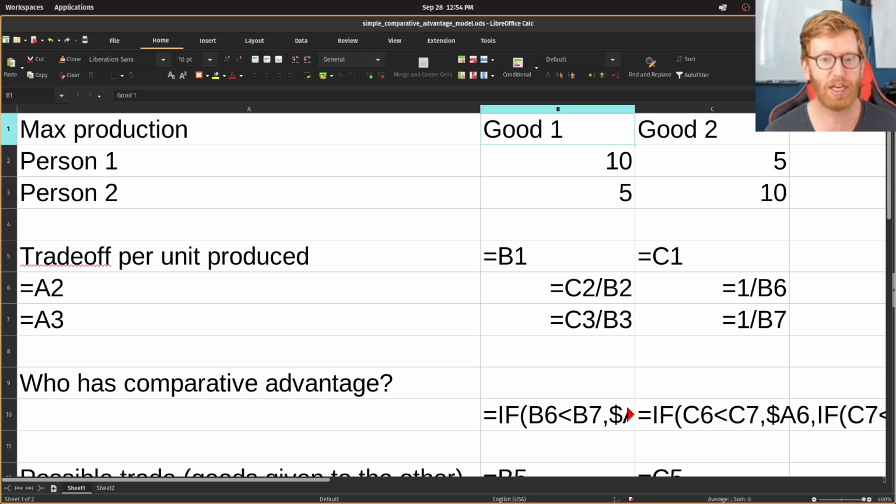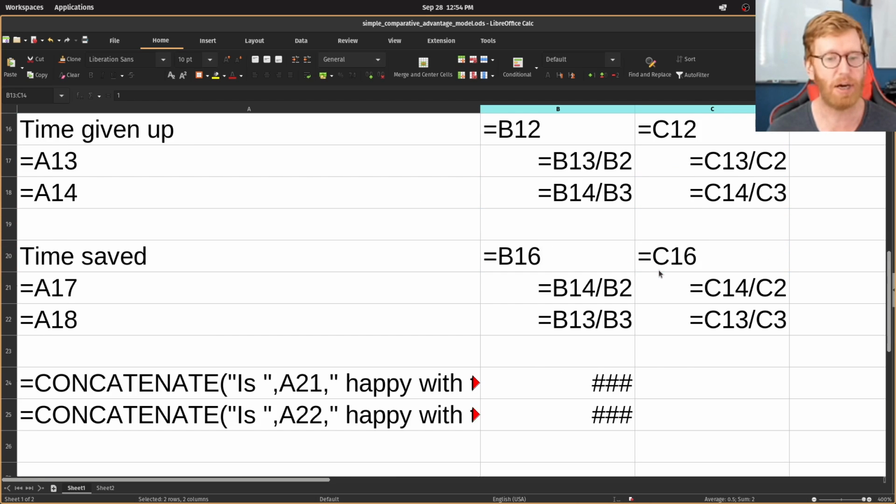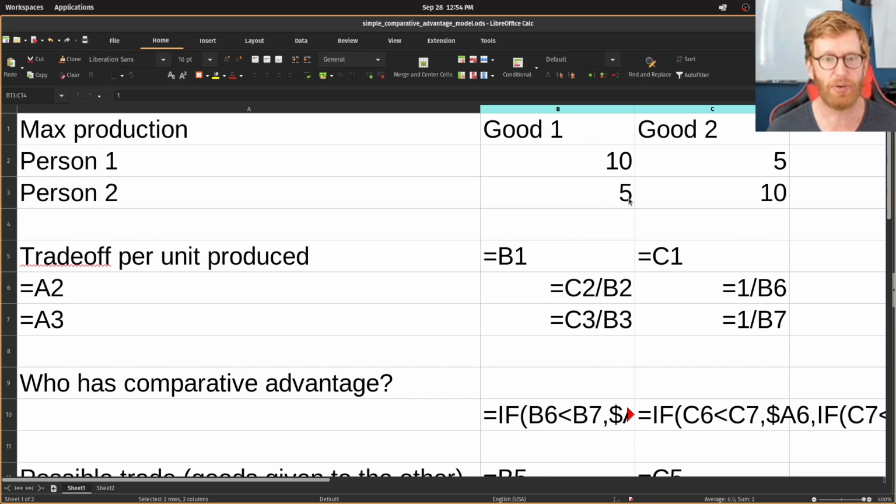We can change the name of the goods, and that will update as we go further down. Other things, all these things where you see it starts with an equal sign, those are formulas that are going to update automatically. Over here, we've got another spot for you to plug in your own numbers to evaluate different possibilities, and then it checks everything out for us down here.